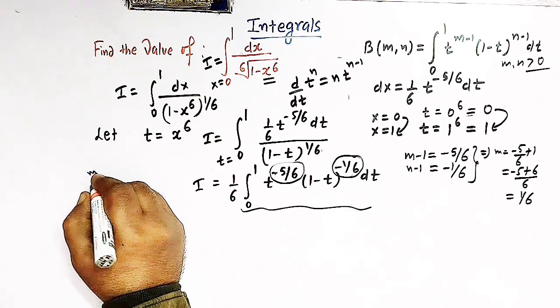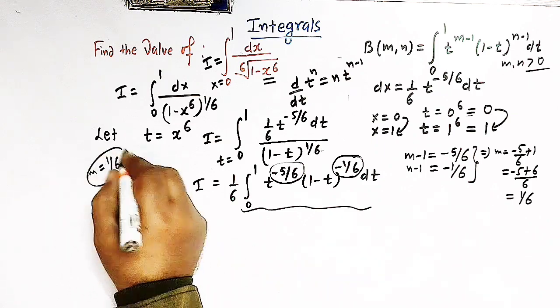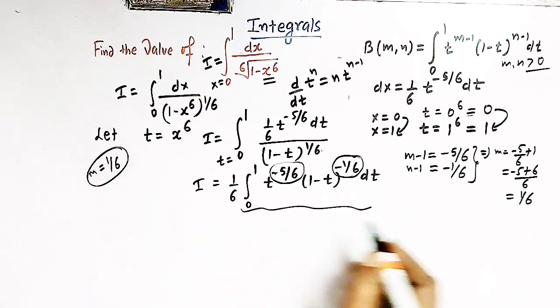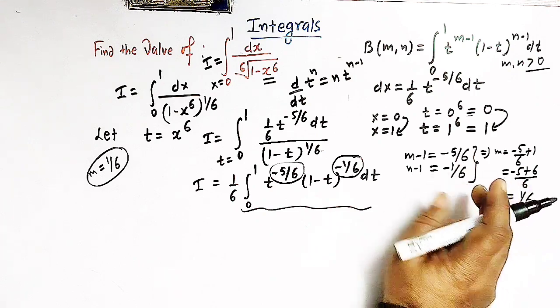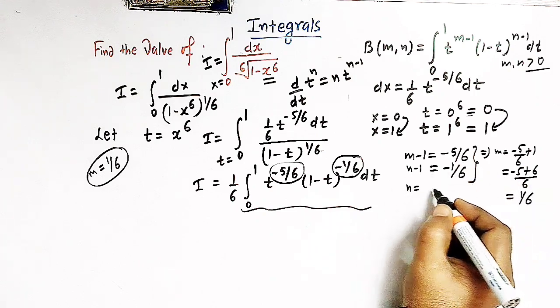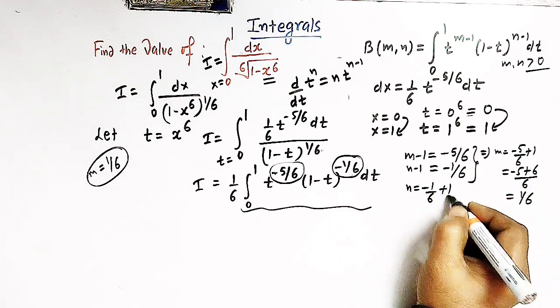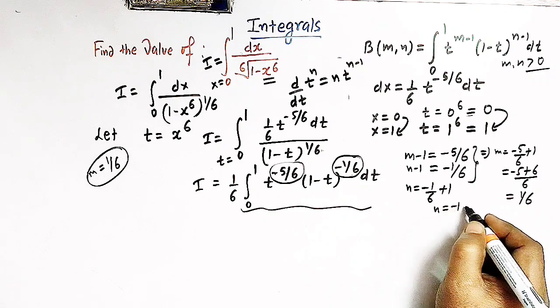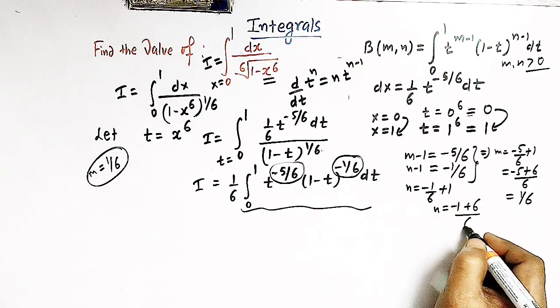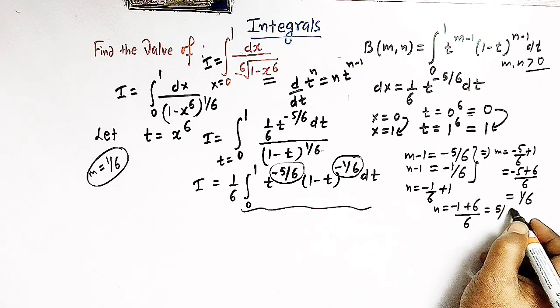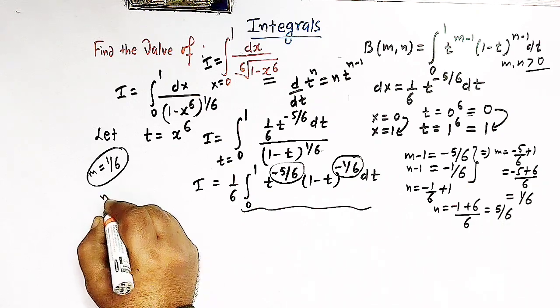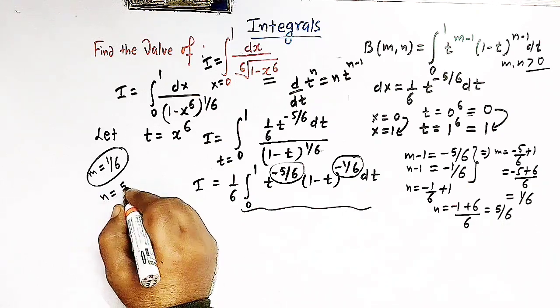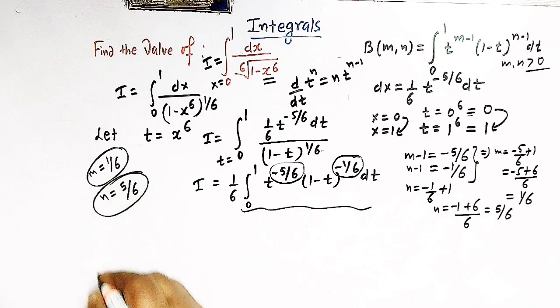So the value of m is 1 over 6, right? And from this equation we can now write n is minus 1 over 6 plus 1. So n is minus 1 plus 6 over 6, that is 5 over 6. So n is equal to 5 over 6.